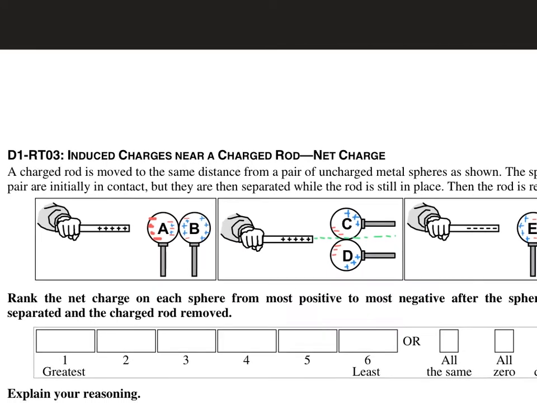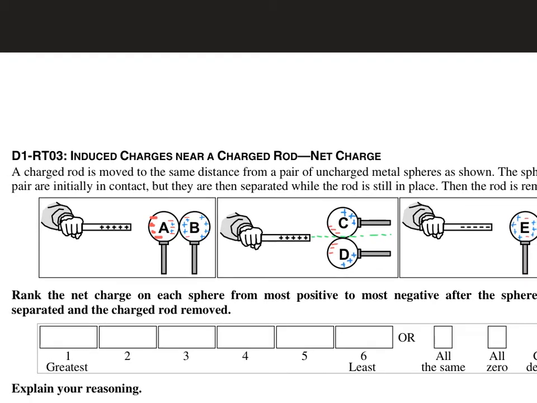So, rank the net charge on each sphere from most positive to most negative after the spheres have been separated. So, which spheres are the most positive?